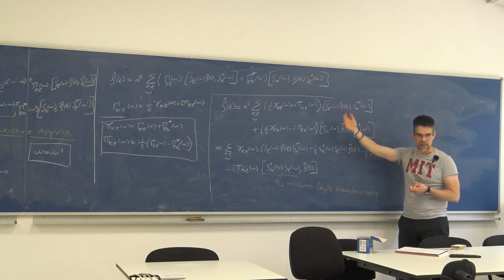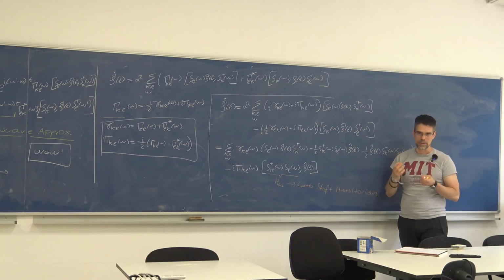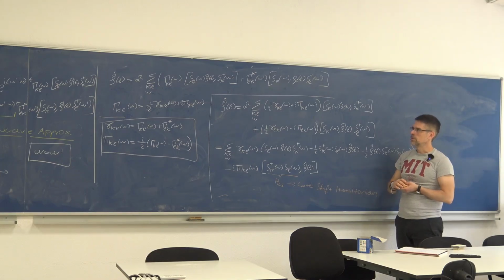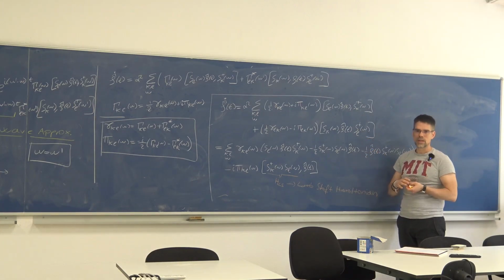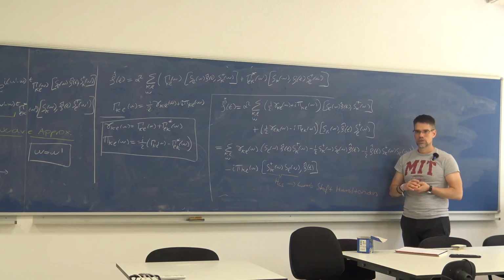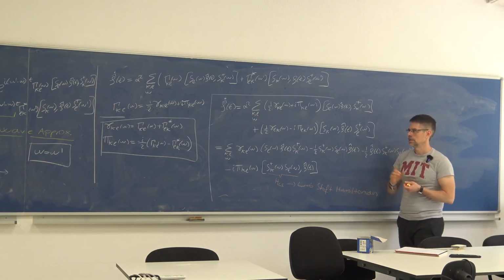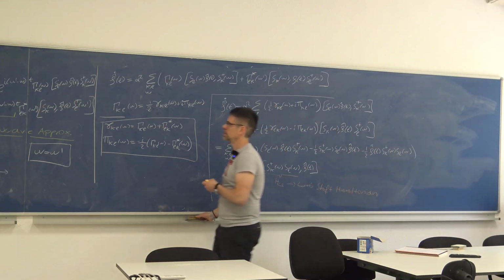But working in the interaction picture is very painful. So what makes sense is to come back to the Schrödinger picture, and this is almost the last step.